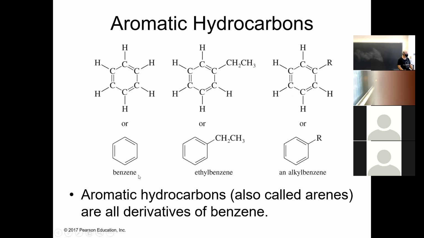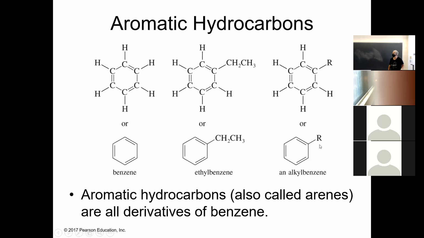Okay, so here is benzene. Okay, here's the full Lewis structure of benzene. And here's the line angle formula. Okay, these compounds contain that benzene ring. This is the general formula for a substituted benzene.